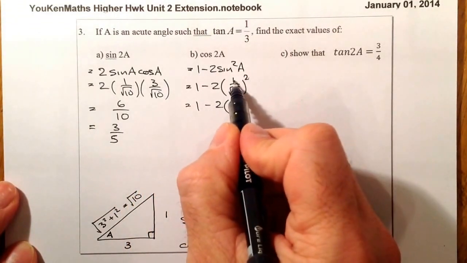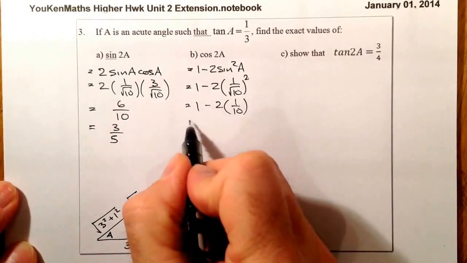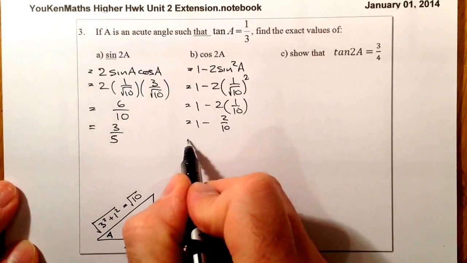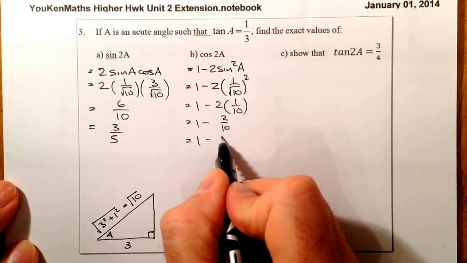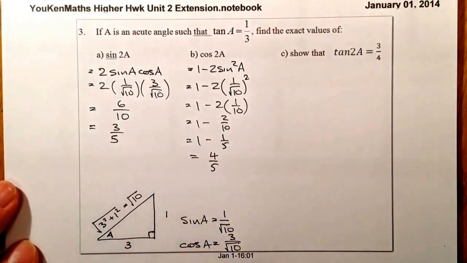When I square that out, square the top, square the bottom, that'll give me 1 over 10. Multiply it out by the 2, so it'll be 1 minus 2 over 10, which gives me 1 minus 1 over 5, so that'll give me 4 over 5 as my answer there, just the simplified cosine 2A.